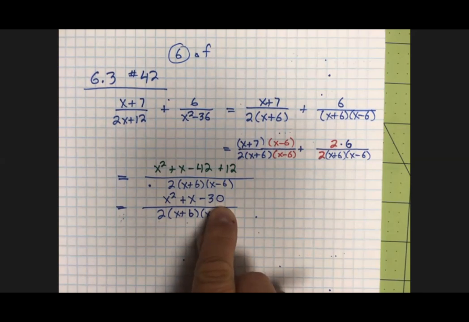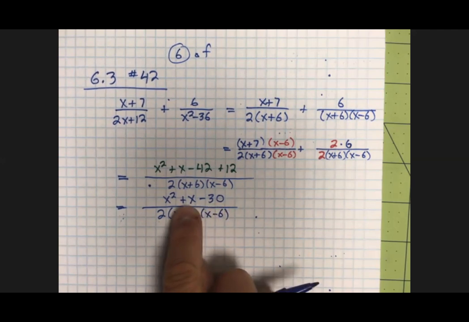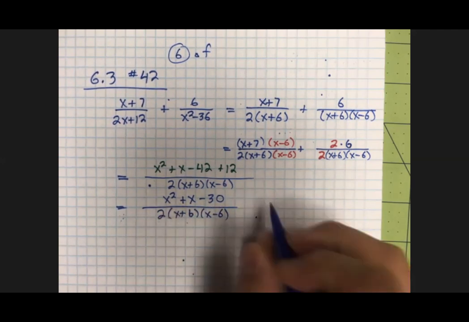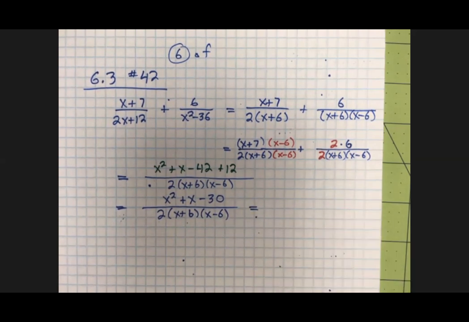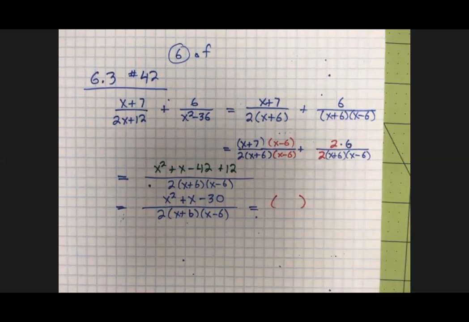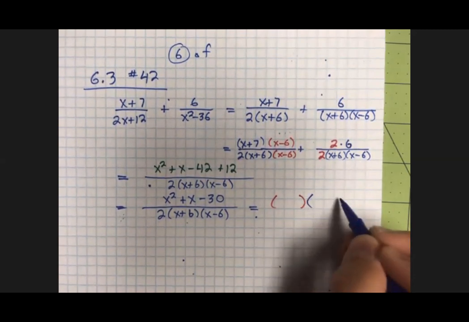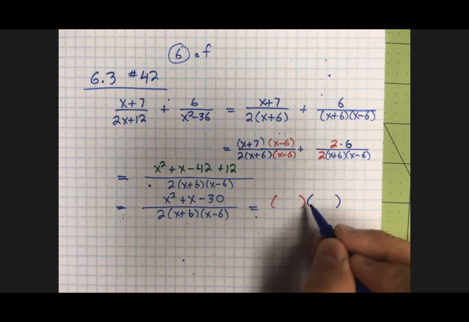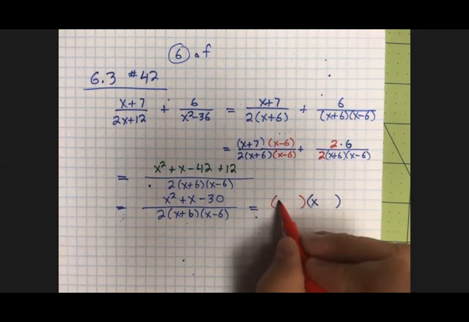Does that factor? I'm suspicious because I see the 6s. 30 is 5 times 6. Can I get a plus x? Can I factor this top? So I have to think about it for a second. And I say, oh, yes, I can. How about x times x is x squared?